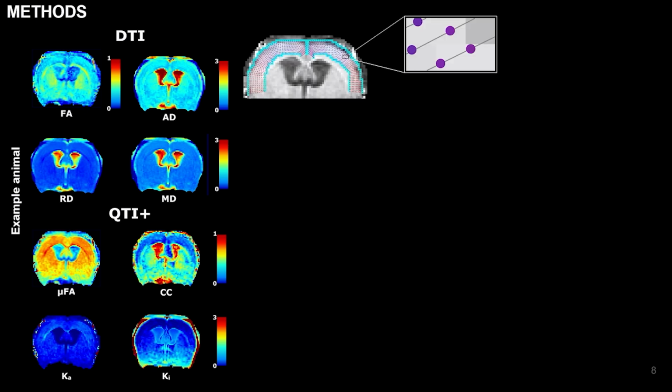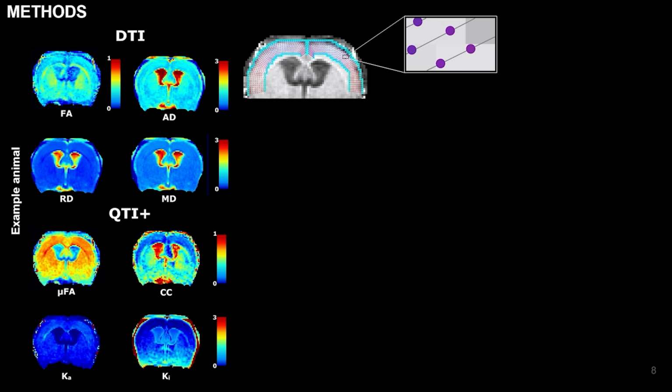The images were denoised and corrected for geometric distortions, and we used the QTI+ model to obtain maps of the metrics that I already mentioned. Then we used a curvilinear coordinate system to sample the dMRI parameters, thus providing anatomical correspondence between the animals.